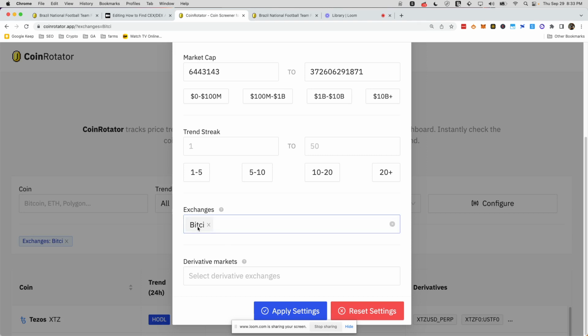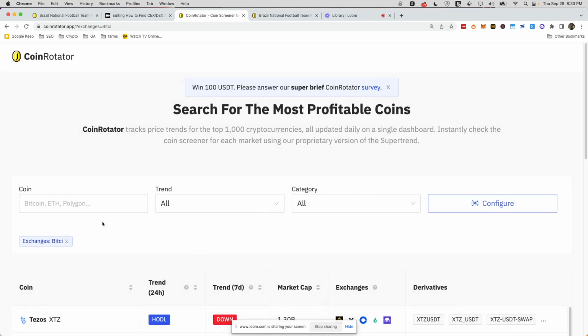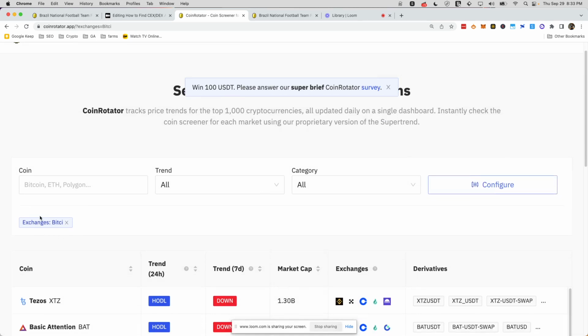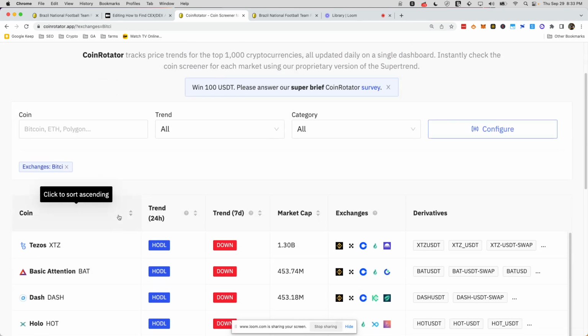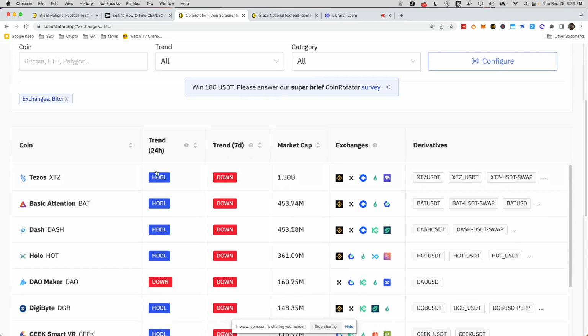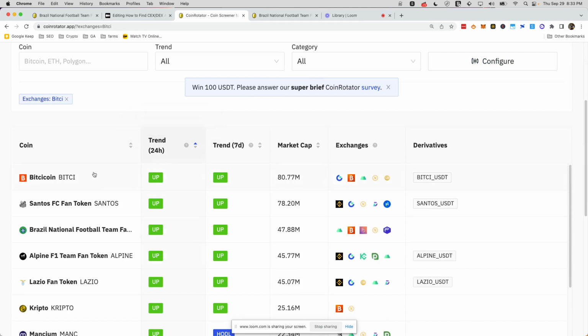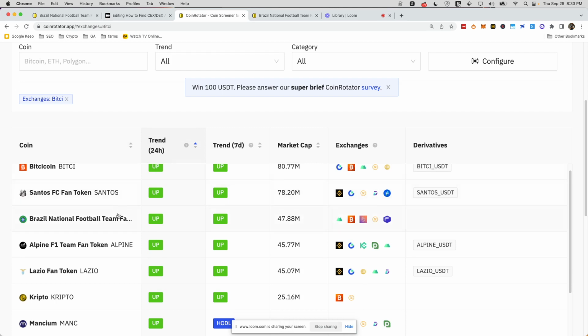So I'm just going to use BtcTurk here and screen. So now I can see the exchanges that I can see the signals for are for BtcTurk. And for the current daily trend, I can see the coins that are in uptrends. And one coin in particular that caught my eye is Brazil's national football team token with a market cap of 47 million plus.